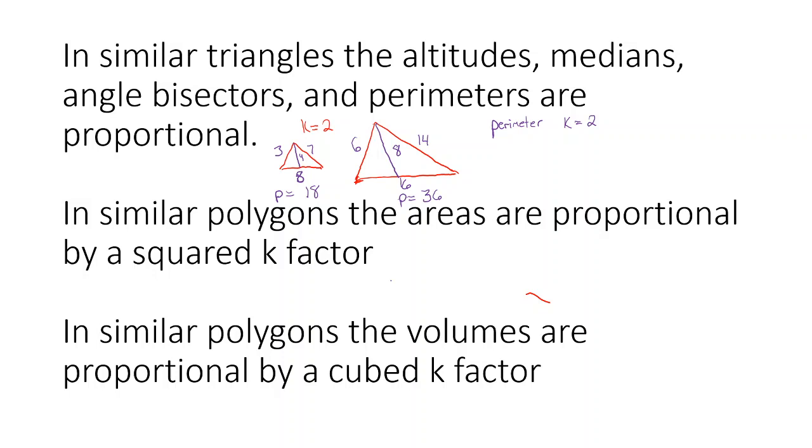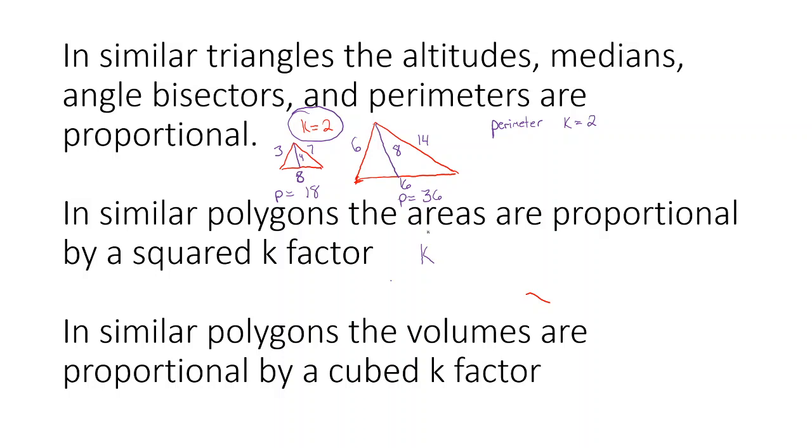Now, in triangles, polygons, squares, if we talk about area, area can be calculated by length times width or base times height divided by 2. But if the perimeter keeps the same K factor, the K factor for area will be a squared value.